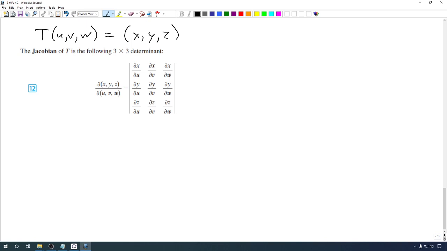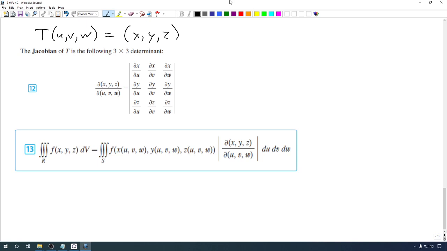But assuming you know what the determinant is, you have this Jacobian, and we can write down a formula for change of variables. So the triple integral over some region R in the XYZ space. So we have maybe a blob in X, Y, and Z. We have our R here. We have some S over here.